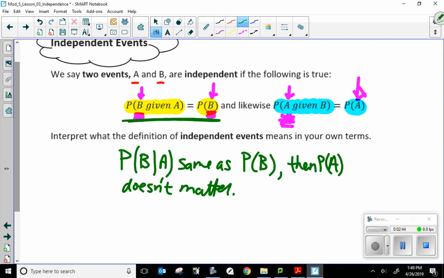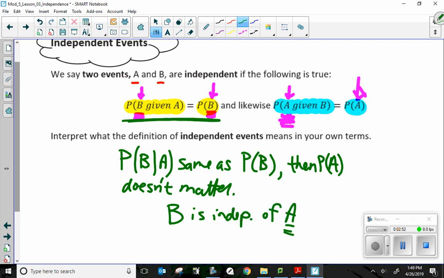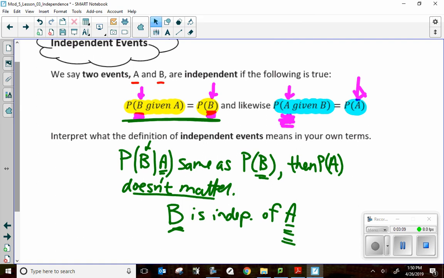If A doesn't affect B, then B is independent of A. A has no effect on B, because if you take B with respect to A, and if you take B alone and they're the same, then A doesn't matter. So they're independent of each other. That's what independence means when it comes to probability.